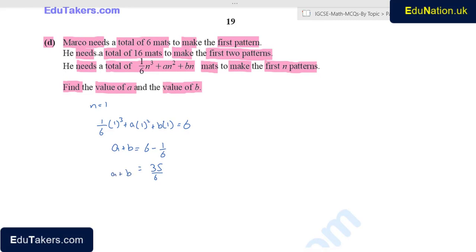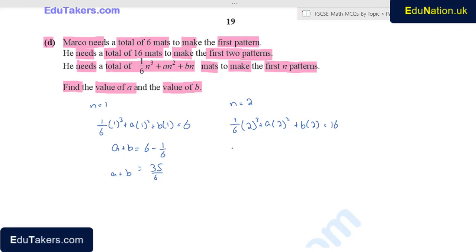Okay, he needs a total of 16 mats to make the first 2 patterns. So for second pattern, n is 2. 1 over 6 into 2 cube plus a into 2 square plus b into 2 equals, he needs a total of 16 mats.